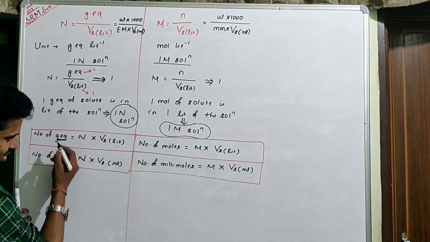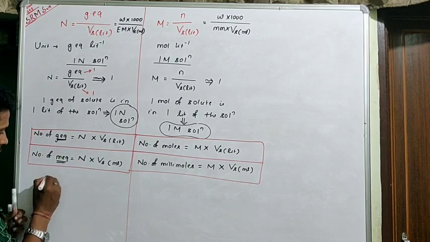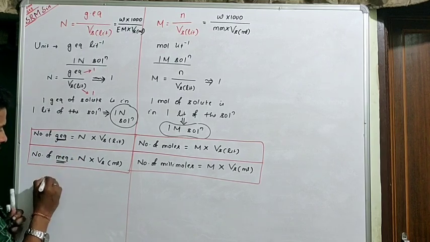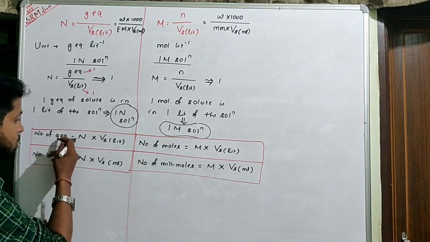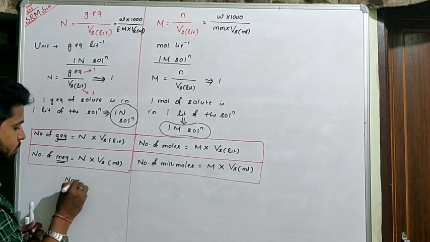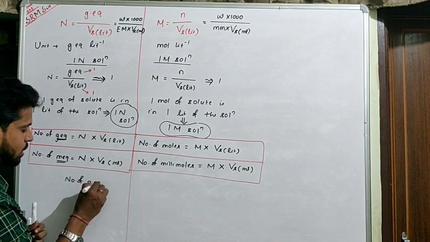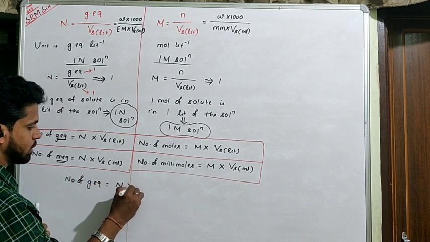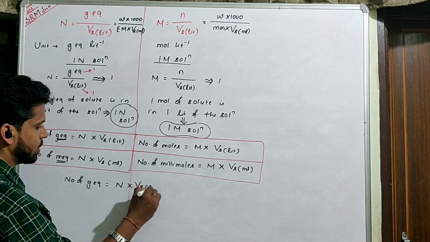Then I am writing, if I am establishing a relationship between number of gram equivalent and number of milli equivalents: number of gram equivalent is equal to normality into Vs liter.